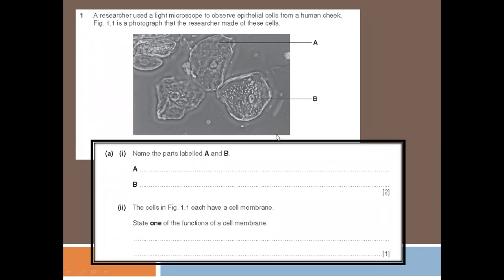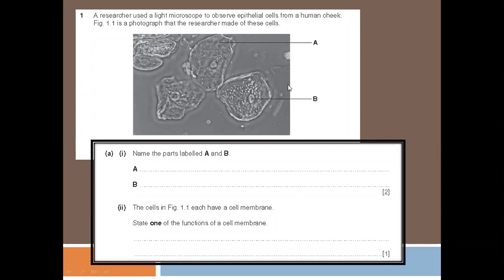Okay, all right. Now, state one function of the cell membrane. What should that function be? Cell membrane is a partially permeable membrane. It controls the in and out of material: it allows some materials to enter and others to go out of the cell.